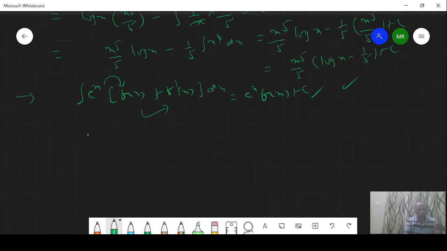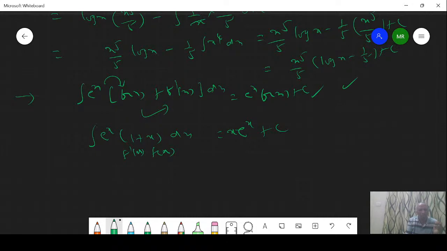For example, they may give integral e power x into x plus 1 dx. Compare with the formula: f of x is x and the derivative of x is 1, so f dash of x is 1. The answer is x into e power x plus c.